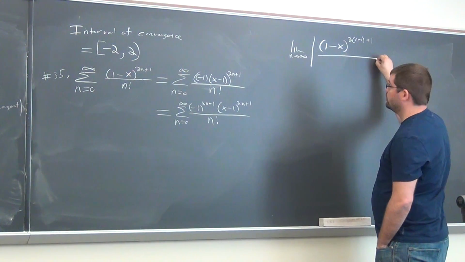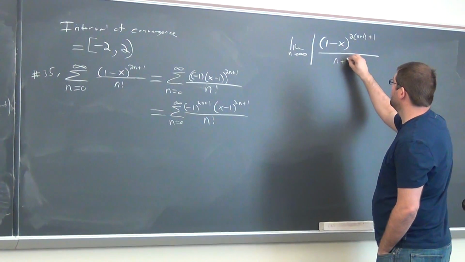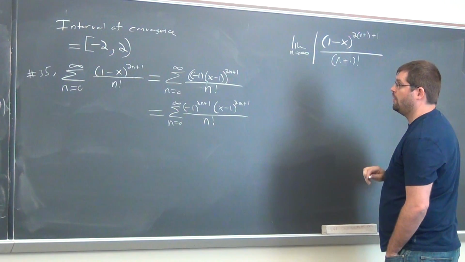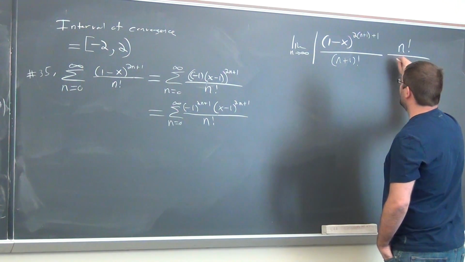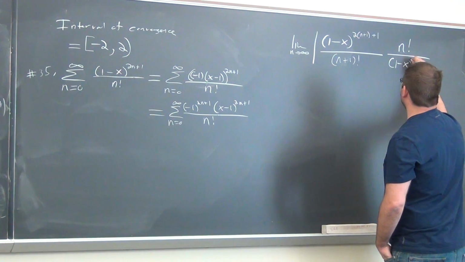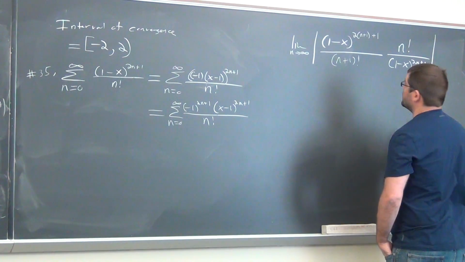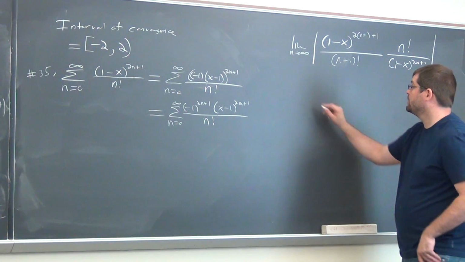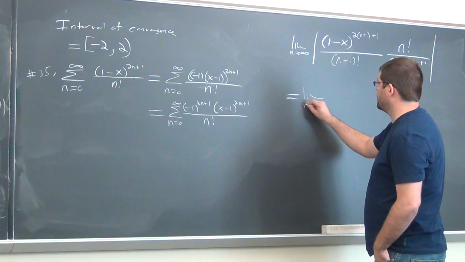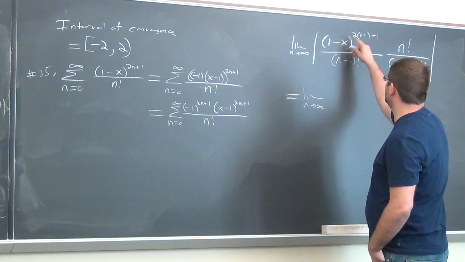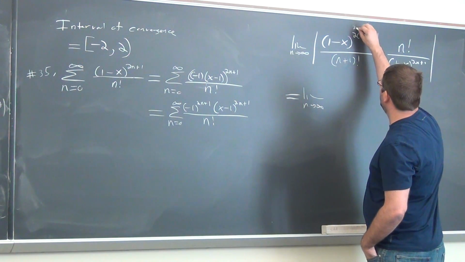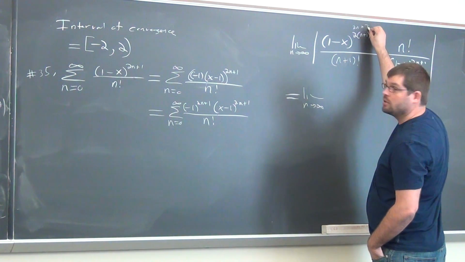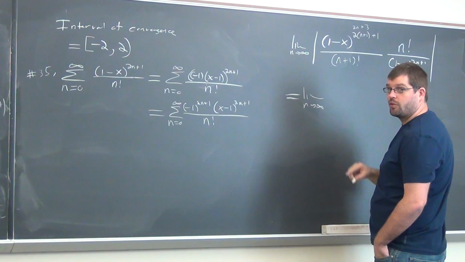And then all over (n plus 1) factorial, and then times n factorial over (1 minus x) to the 2n plus 1, right? Factorials cancel just like always. And then let's just be careful with the power here. So what is this? I'm going to just write it out up here. 2n plus what? 3. Does that make sense? 2 distributes through and you get that.